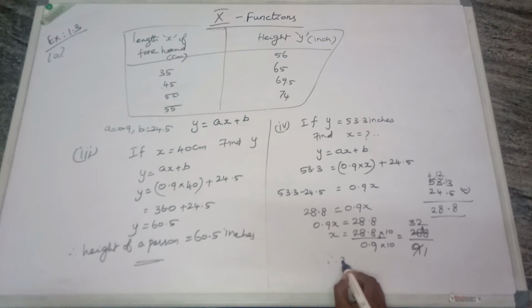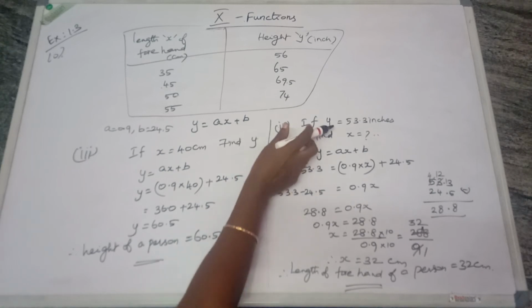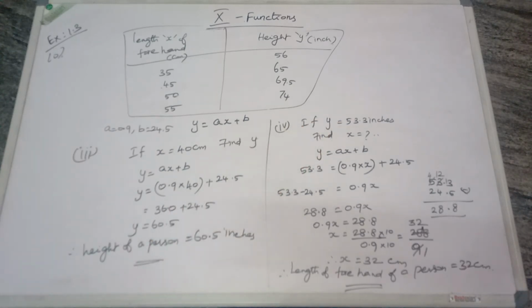Therefore the value of x is 32. 32 is in centimeter. Therefore, the length of forehand of a person equal to 32 centimeter. If the height of the person is 53.3 inches, that person's forehand length is 32 centimeter.